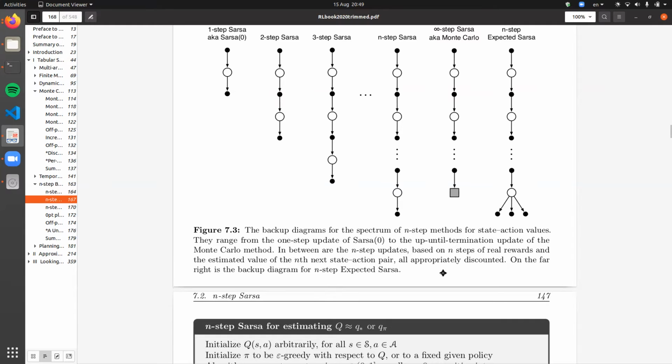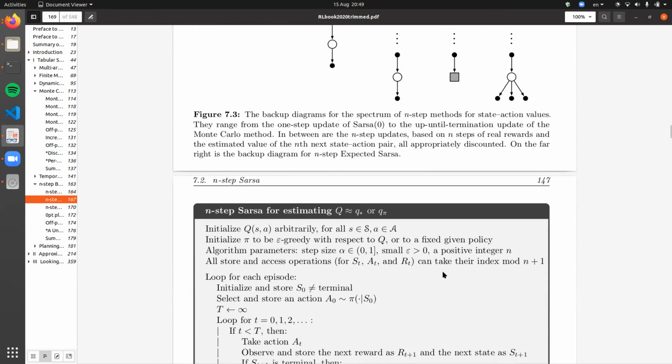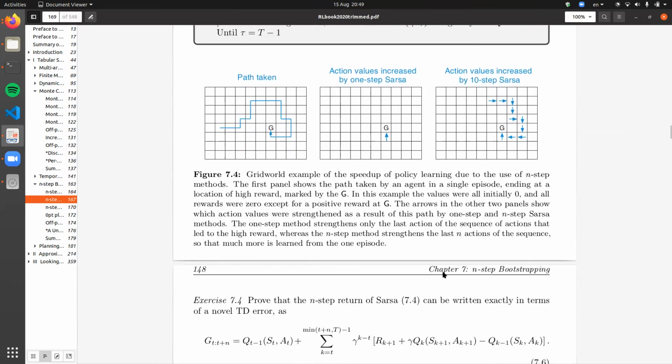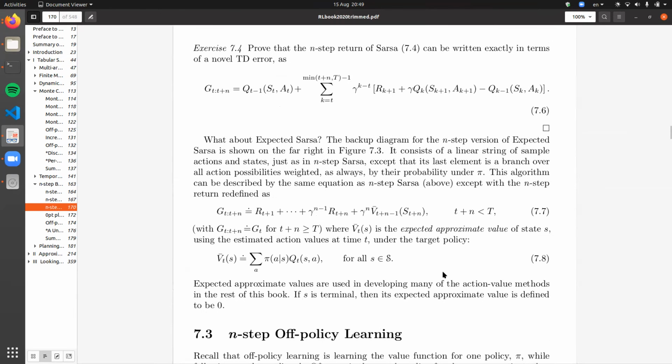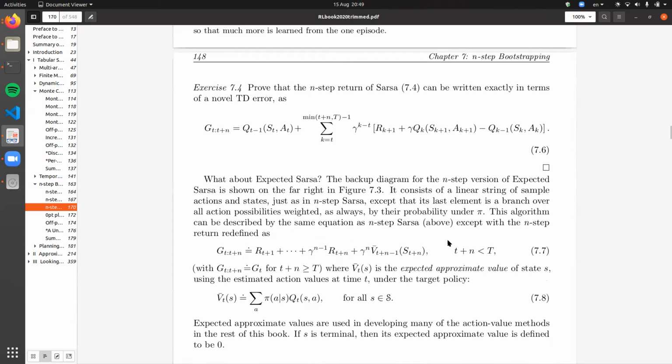Yeah, so let's have a look first at how expected Sarsa is different from regular Sarsa in terms of formulas.